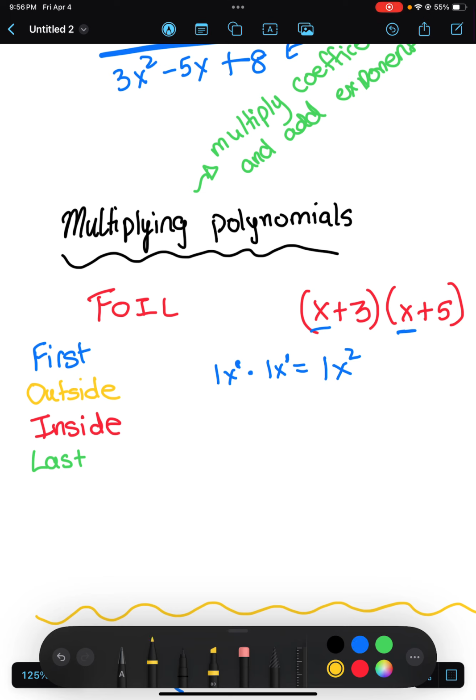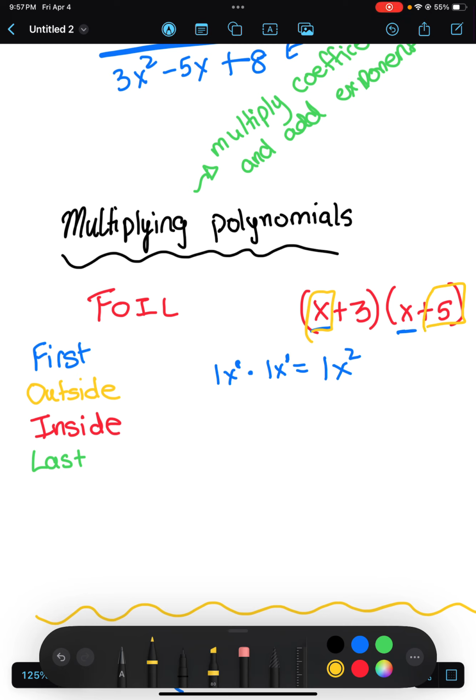Outside, that's the one that's on the outside. Sorry. So we have first, and then we have outside, which would be x and 5.